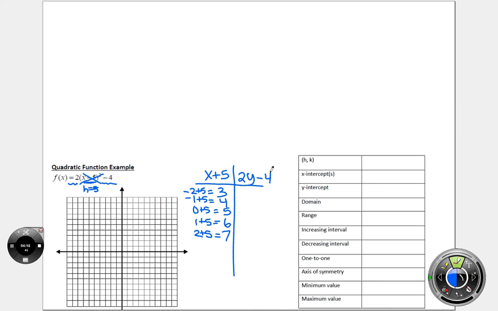So we're going to take all the y values that used to match up with these points, and do these operations to them. So it used to go 4, 1, 0, 1, 4. But now each of those is going to be multiplied by 2 and have 4 subtracted.